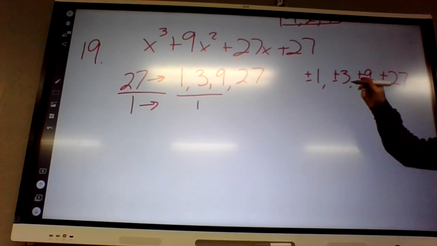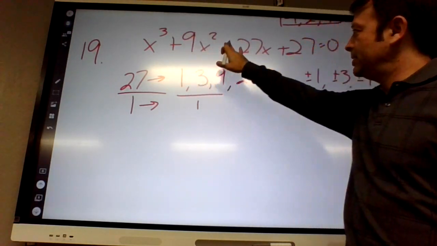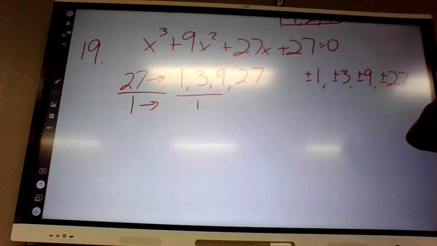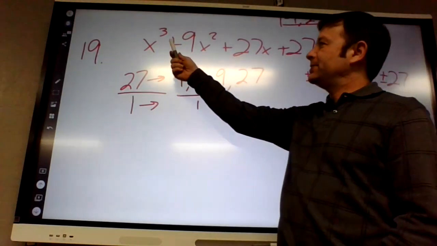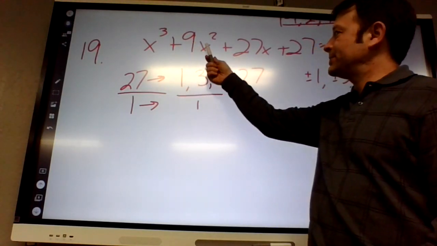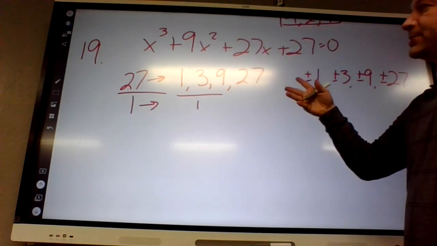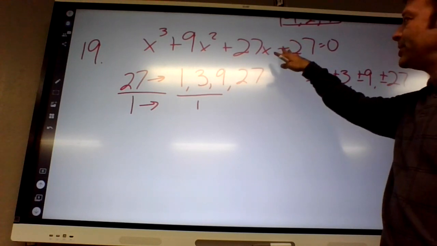So if I plug in 1, I'm trying to get this equal to 0. I get 1 plus 9 plus 27 plus 27. That is a large number and it's not 0. Actually, since all these terms are positive, if I just plug in a positive, there's no way it's going to work, because a positive plus positive plus positive plus positive is going to be a bigger positive.